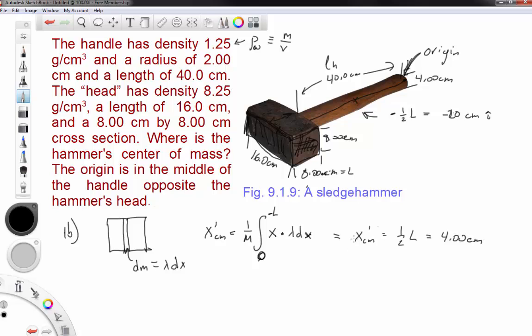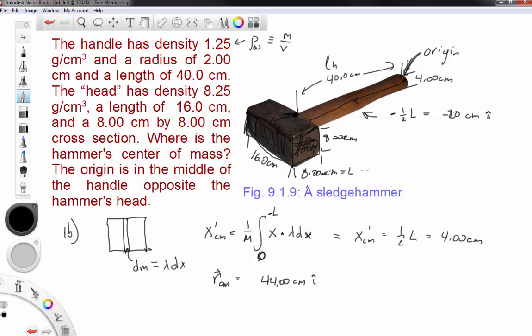Now, the reason why I put this prime here is because that center of mass is 4 centimeters away from this edge. But this edge is itself 40 centimeters away from the origin. So the actual center of mass position for this head is going to be given by 4 centimeters plus 40 centimeters, and it was all in the negative direction, so 44.0 centimeters in the i hat direction.